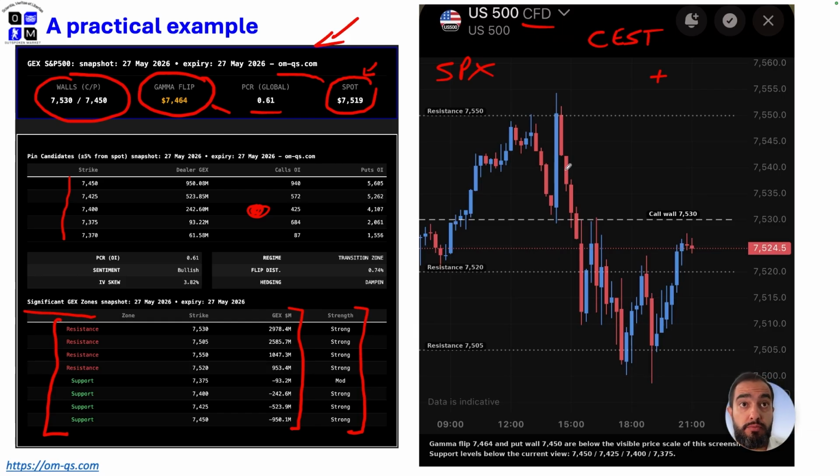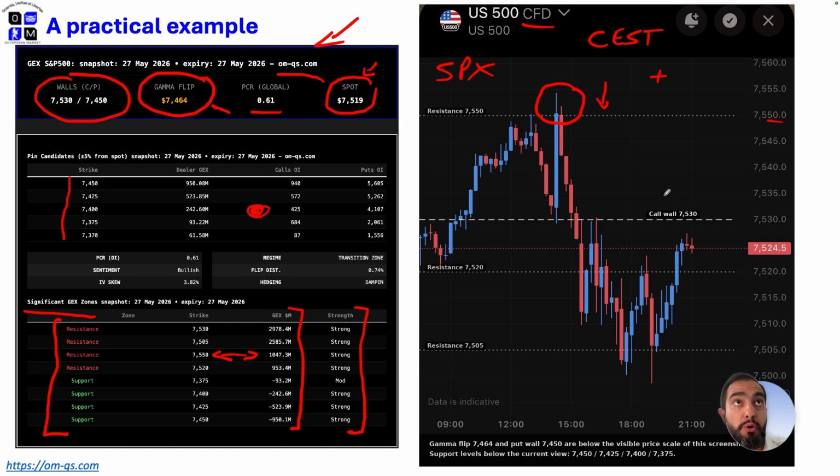And that is so true that the max of the day was 1750. That was one of the resistances that we have from the GEX. We went there, market rejected because that is the expected effect. So we sell the top, went back, hit the call wall.